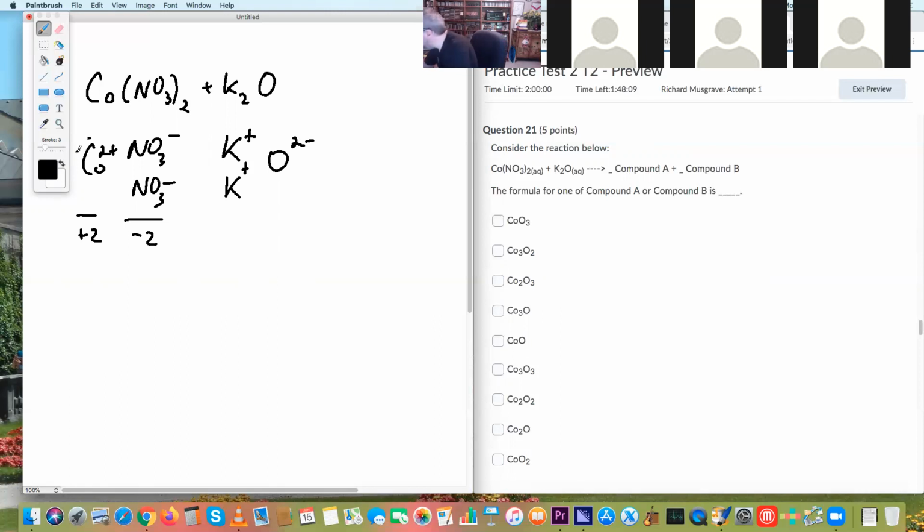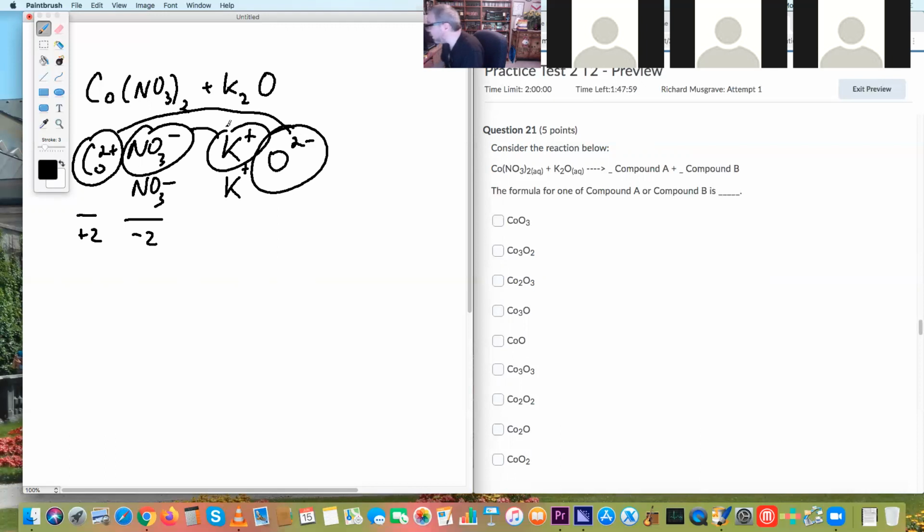So what's going to happen here? We're going to have the cobalt combine over here with the oxygen, the O2 minus. We're also going to have the K plus combine with the NO3 here. Now notice how I only took one of each here in order to make that happen. So we've got Co 2 plus and O2 minus, which produces CoO as the compound.